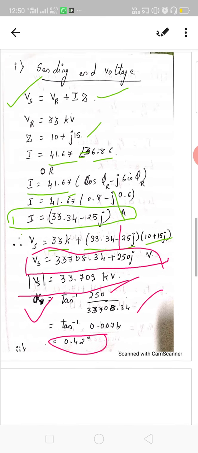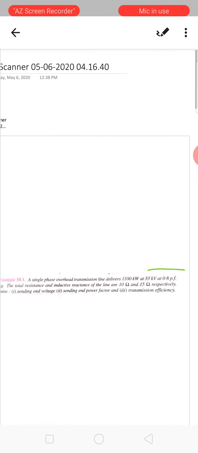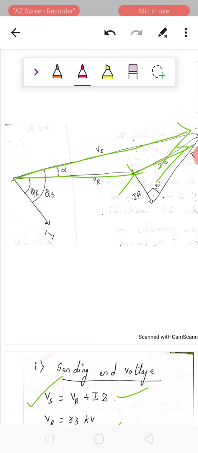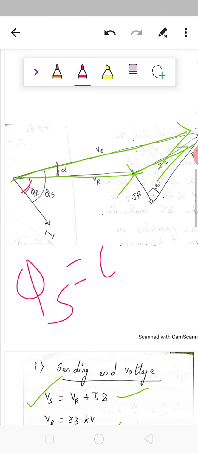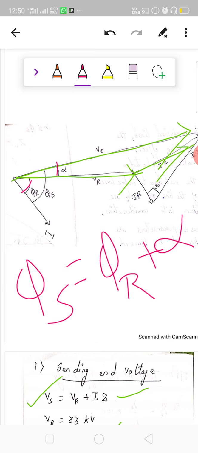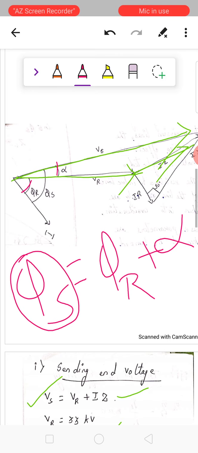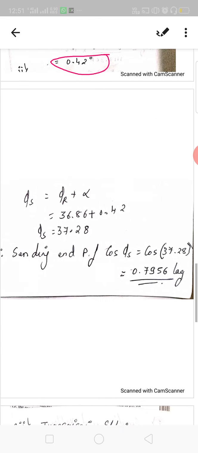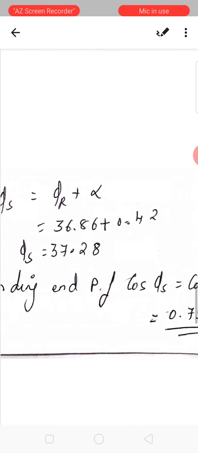Now the second bit in the numerical asked is the sending end power factor. See here, this was your phi r, this was your alpha. It is clear that phi s is equal to phi r plus alpha. So phi s is my sending end phase angle.